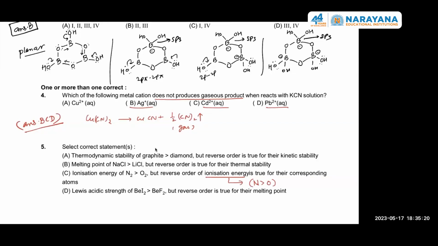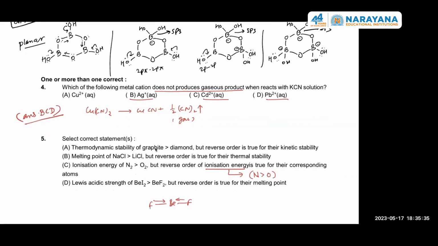Again, the Lewis acidic strength of BeI2 will be greater than BeF2, because in case of BeF2, strong back bonding is present. So the Lewis acidity decreases because beryllium is getting strong back bonding from fluorine. But the reverse order is true for their melting point.